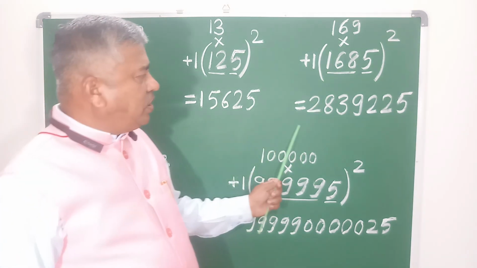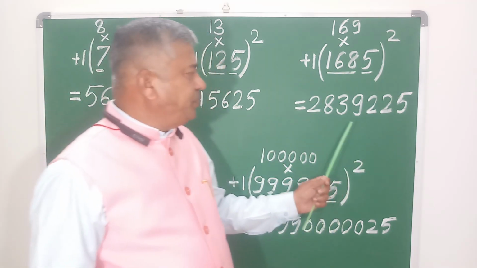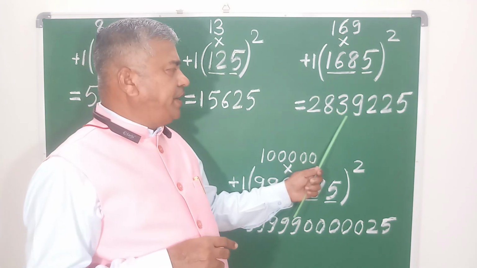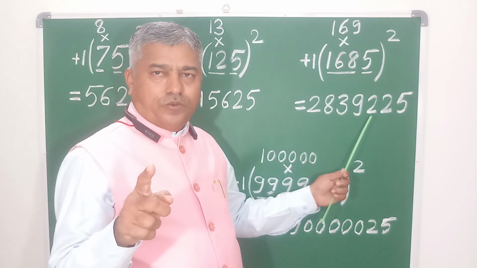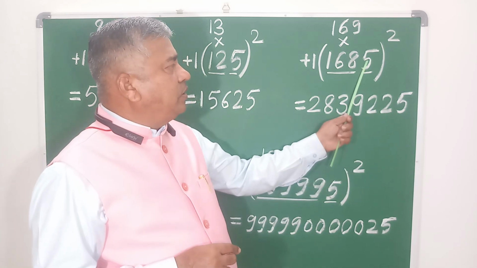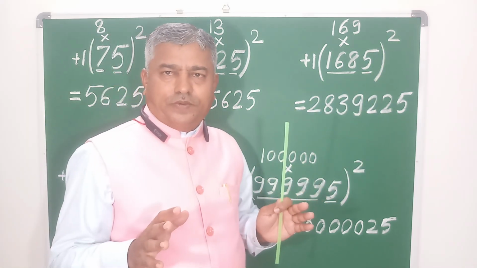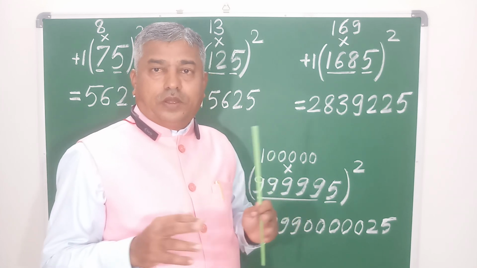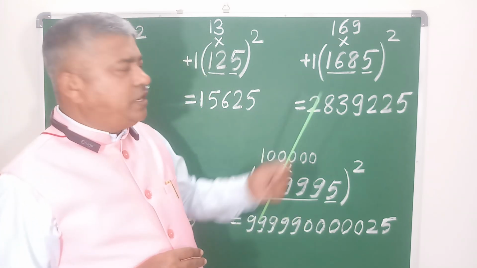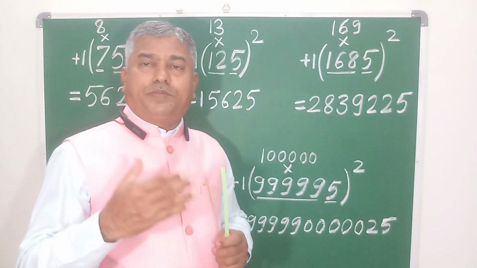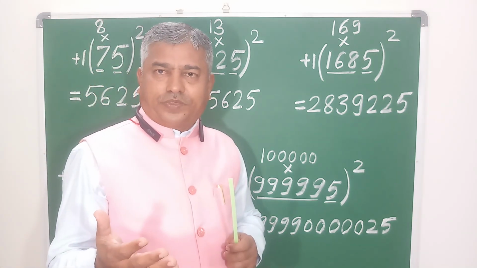Then we will get the answer, 28,392. And the square of 5 is 25. See how easily we are doing the products and making the squares.